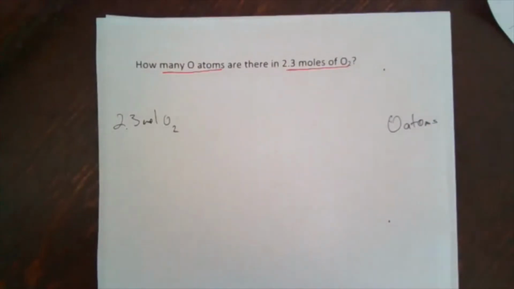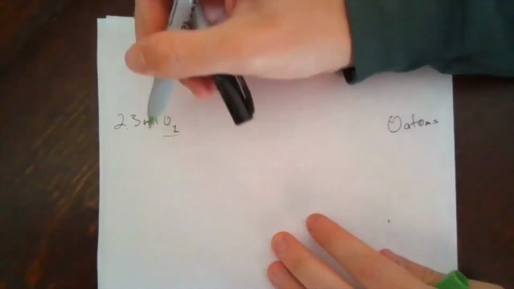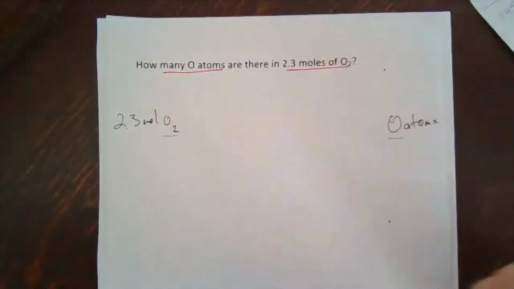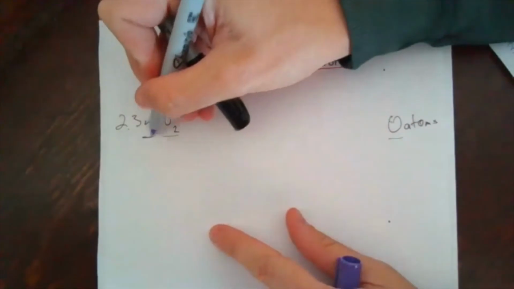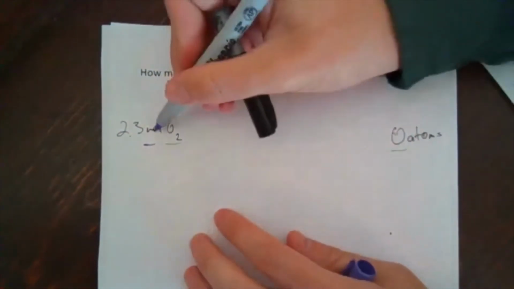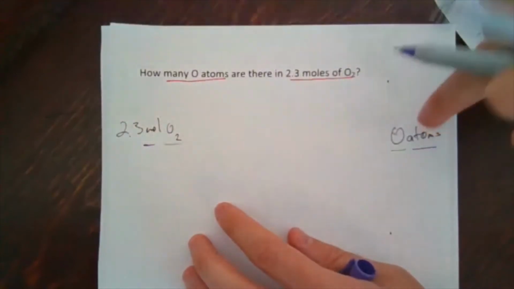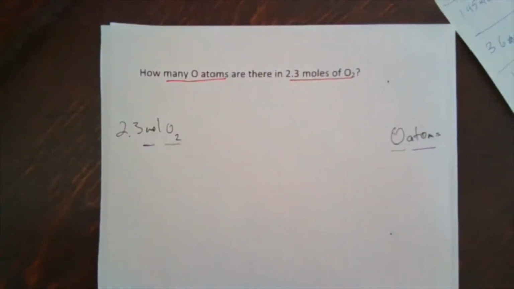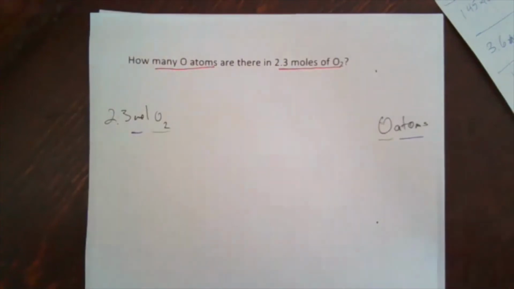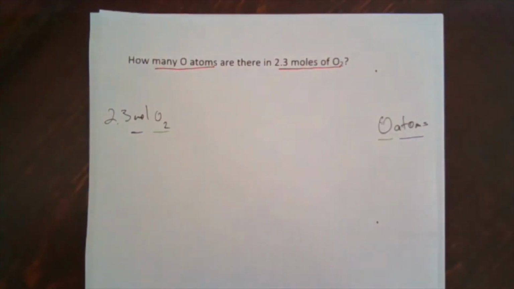One, O2 versus O. Those are different formulas, implying that they are different substances. We have moles and atoms, counting by groups, counting individual objects. So we have two differences between where we're starting and where we're ending, and we're going to need to account for both of those.